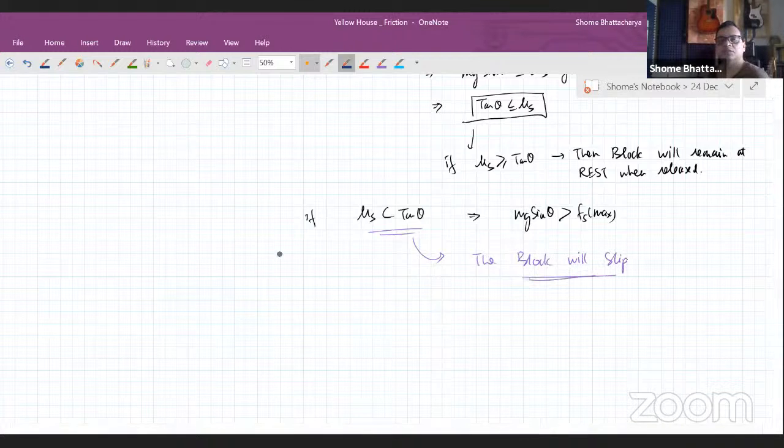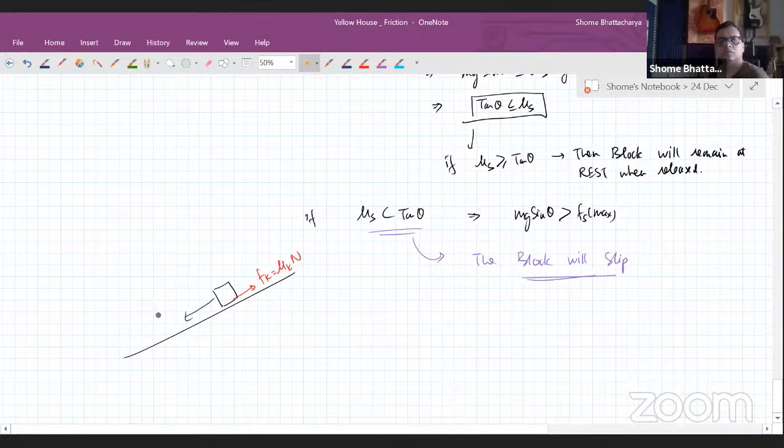And if it slips, then the type of friction acting on it will be kinetic friction. So it will be mu k into N. In this particular case, it will have an acceleration down the inclined plane.